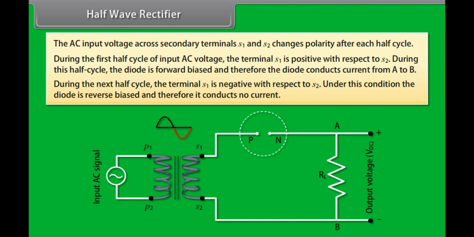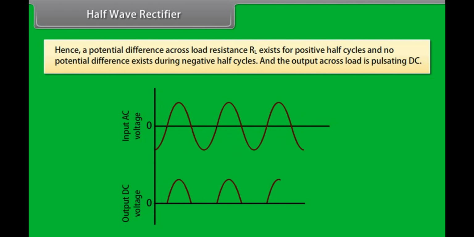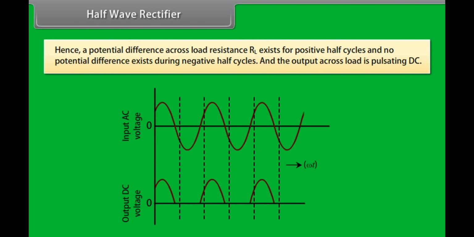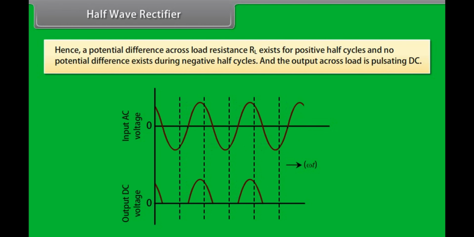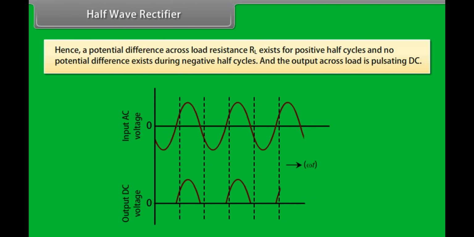Under this condition, the diode is reverse biased and therefore it conducts no current. Hence, a potential difference across load resistance RL exists for positive half cycles and no potential difference exists during negative half cycles. The output across the load is pulsating DC.